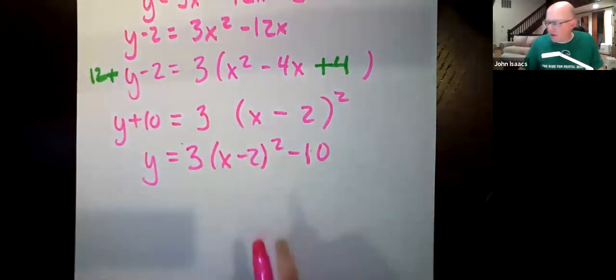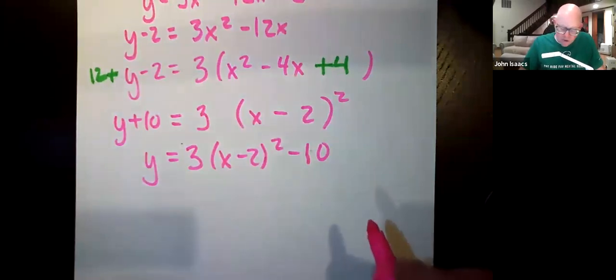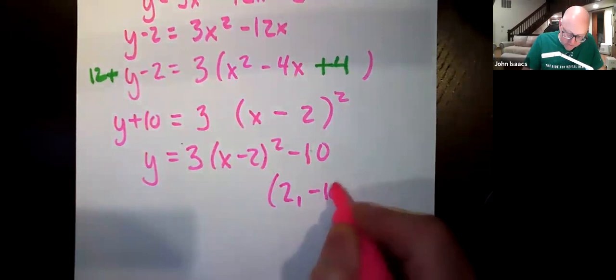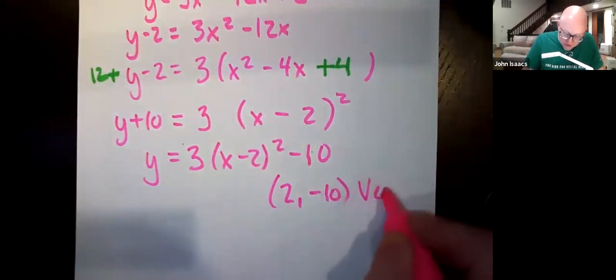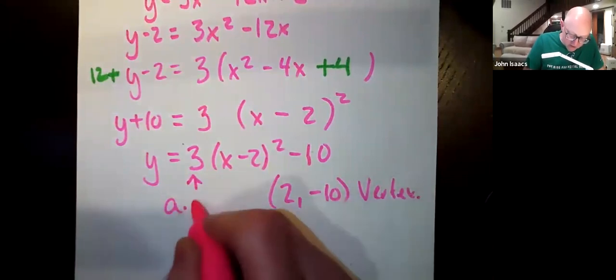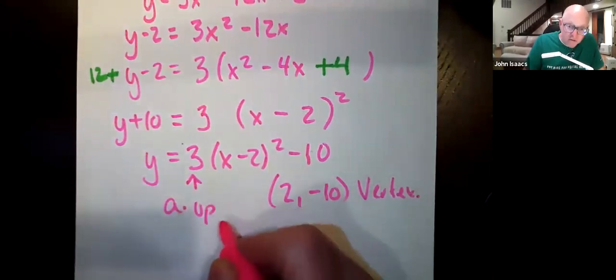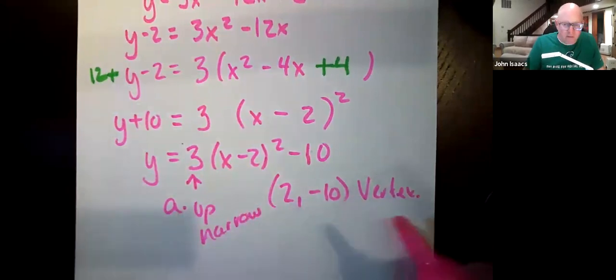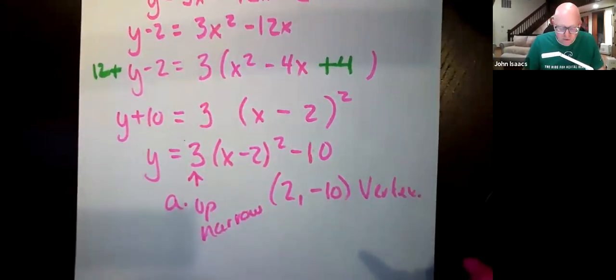I'm just checking the math here. Okay, good. So this thing has a vertex of 2, negative 10. And this is the a value, so that means it's up and it's narrow. When I'm talking about it, I'm talking about the parabola, right?